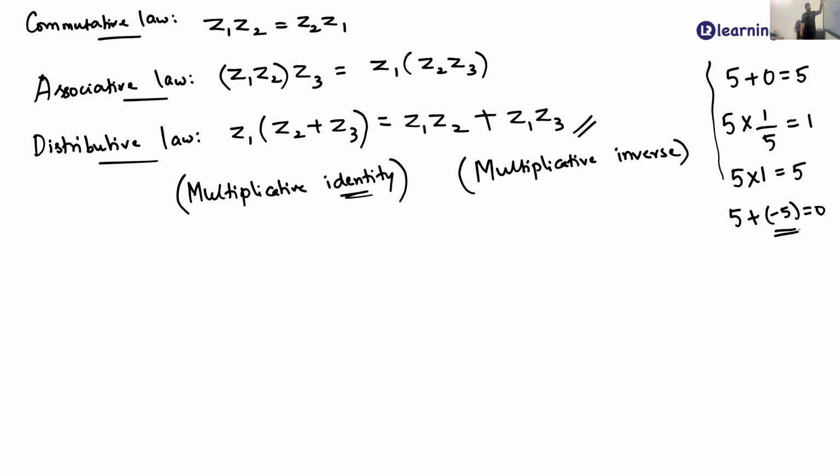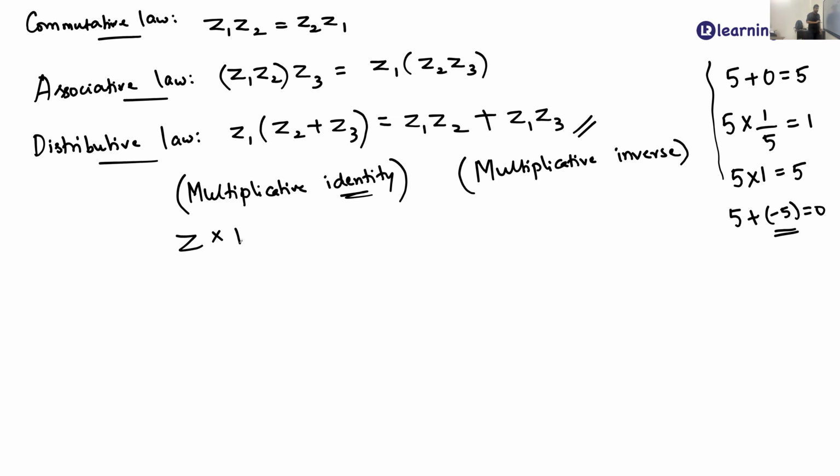In a similar way, extending the concept from real numbers to complex numbers, what will a multiplicative identity be? If Z is the complex number, what should a multiplicative identity do? When I multiply Z with a number, that should give me Z itself. So what is the number with which I need to multiply it? I need to multiply it with 1.